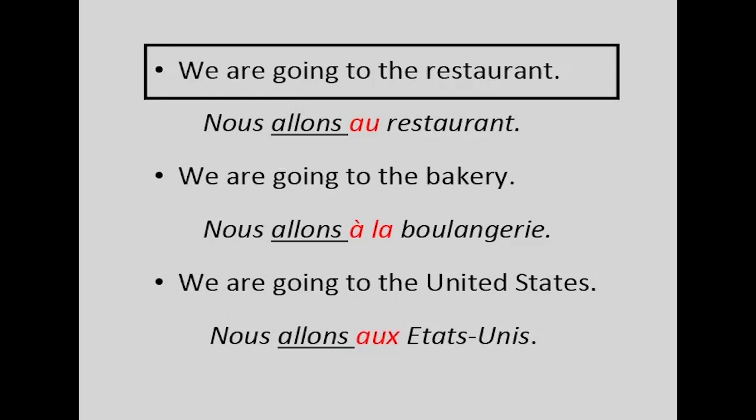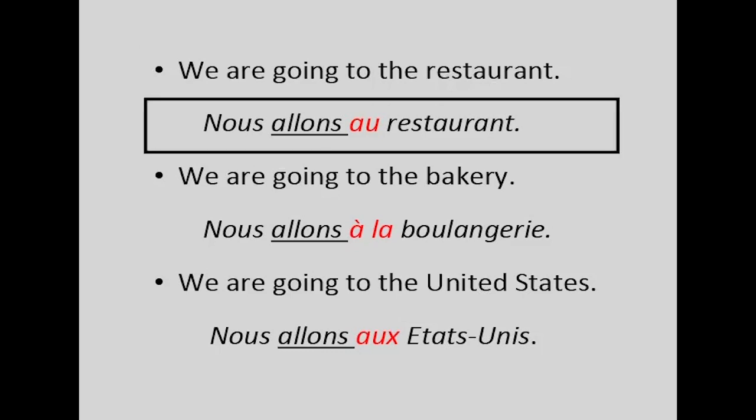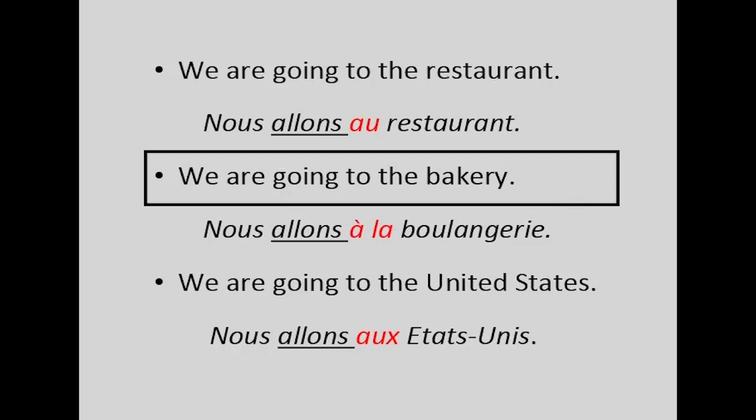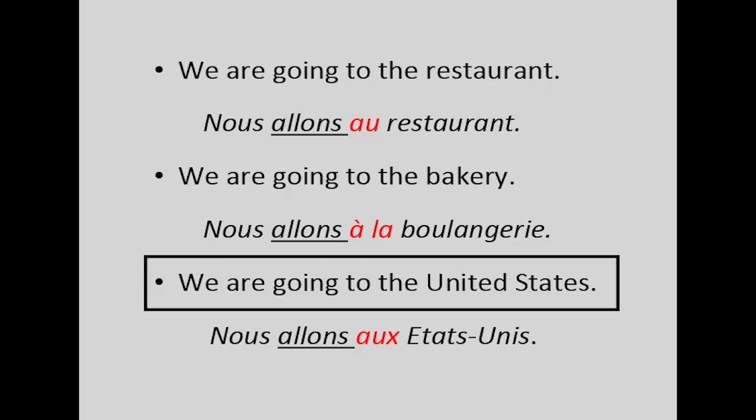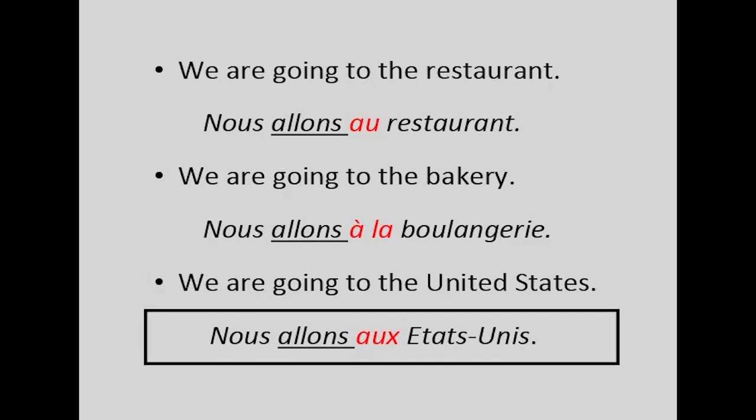So if we say we are going to the restaurant, the French translation would be "Nous allons au restaurant." We are going to the bakery, it would be "Nous allons à la boulangerie," because boulangerie is a feminine word. And if we say we are going to the United States, the French translation would be "Nous allons aux États-Unis."